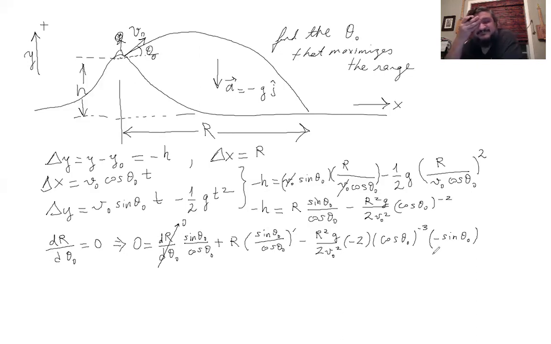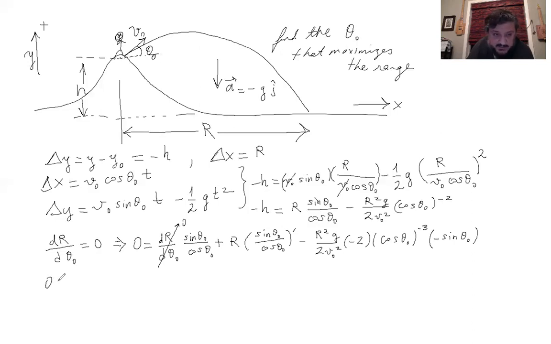All right, so that's what you get. Let's try to simplify this a little bit. Well, first we have to take the derivative here, before I forget it. So let's move on to the next second line here.